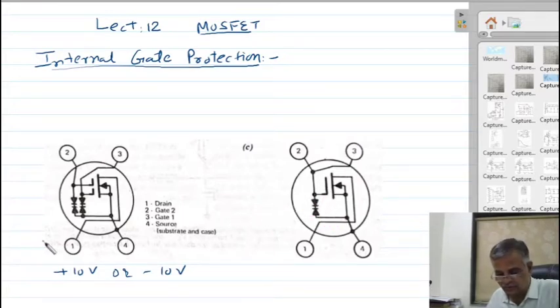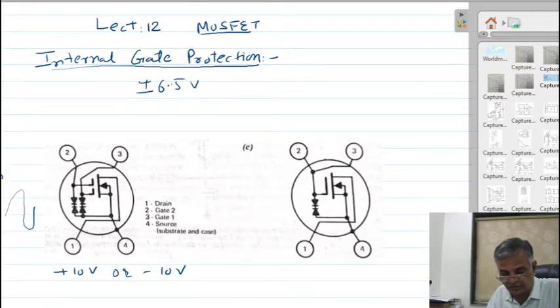Let me give you one example. This is one MOSFET, and its breakdown voltage is plus or minus 6.5 volt. If you have a question, sir, if the input signal is more than 6.5 volt, then what will happen?